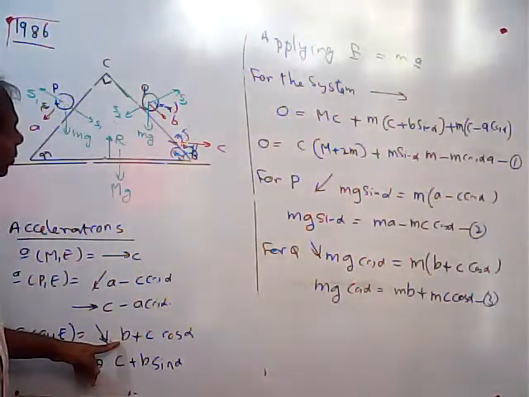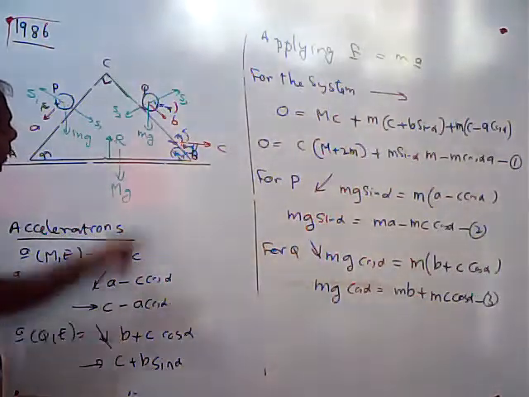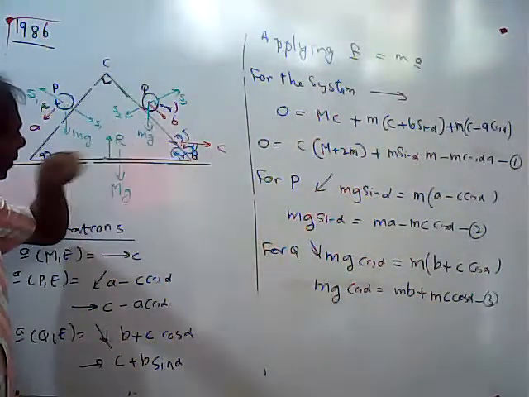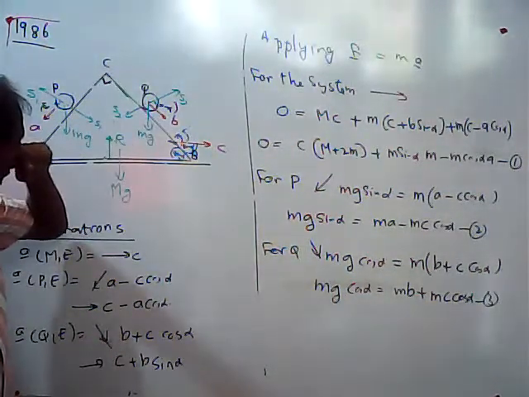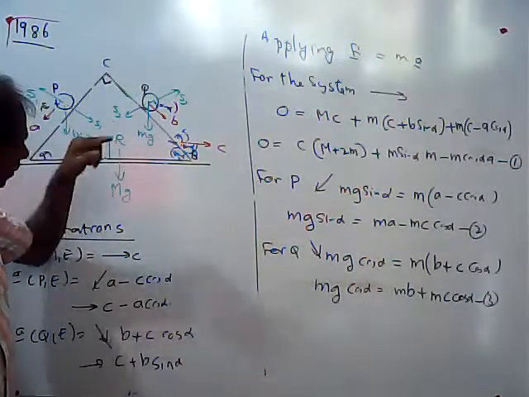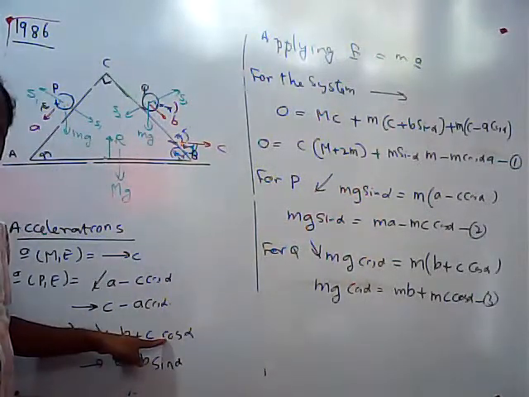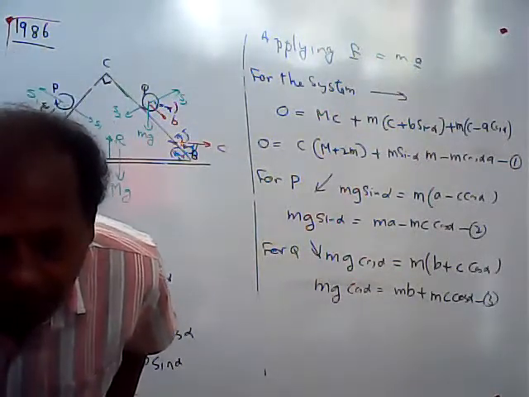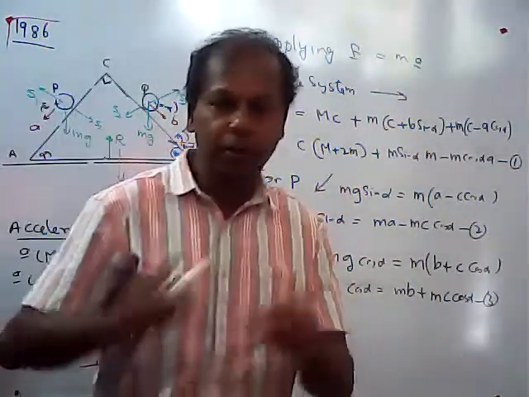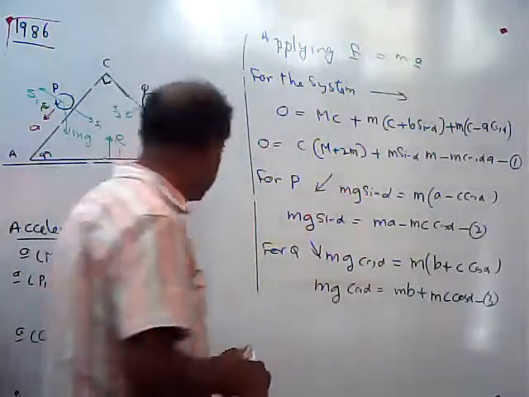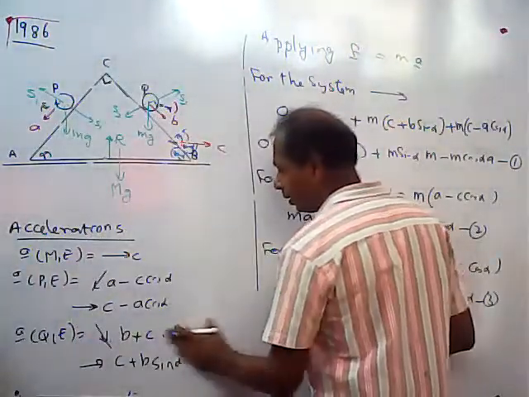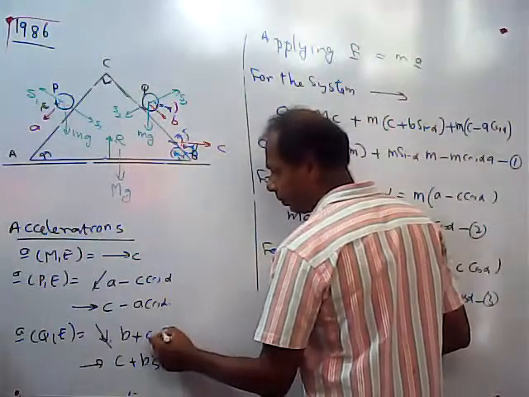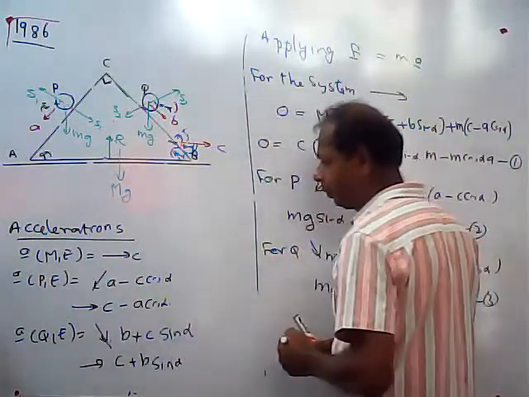Down the plane, it has to be b plus c, this has to be sin alpha. Can it be? Yeah, cos of 90 minus alpha is sin alpha. Yes, I have to correct it. So this has to be sin alpha. You are correct with it.